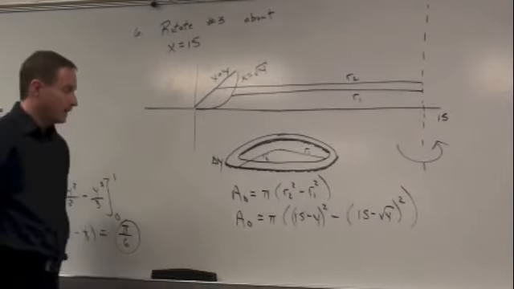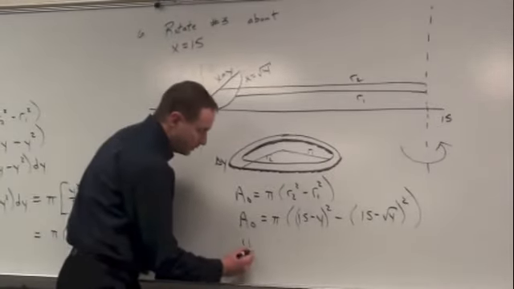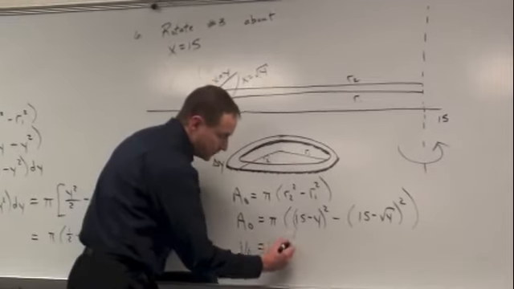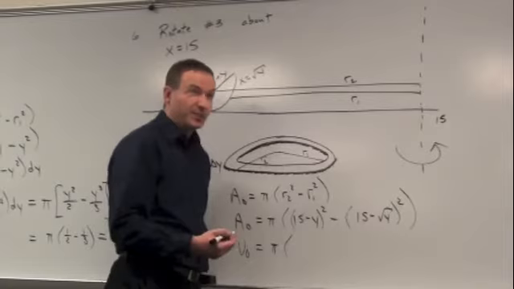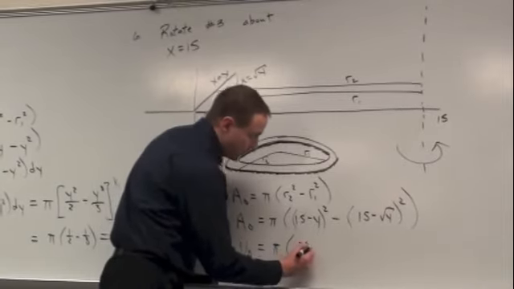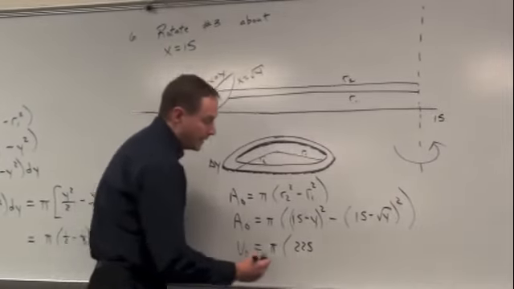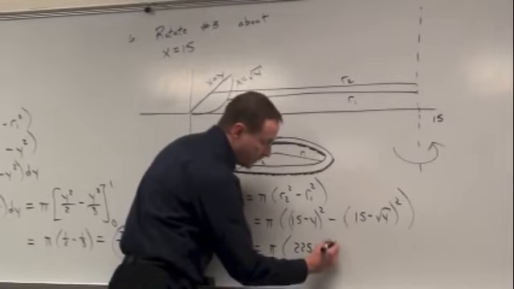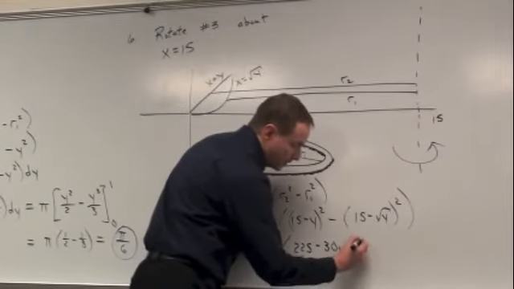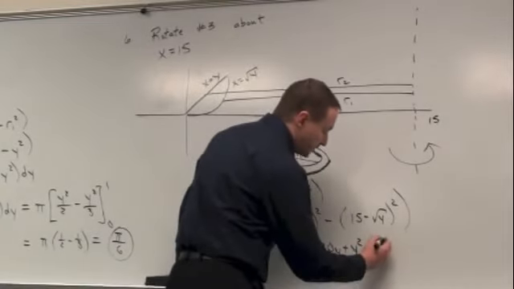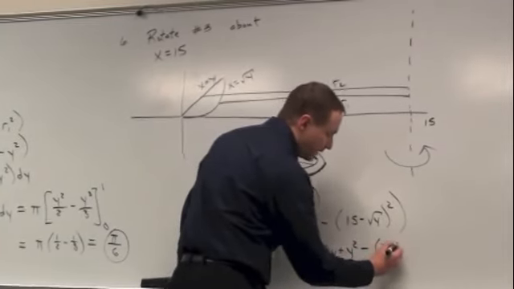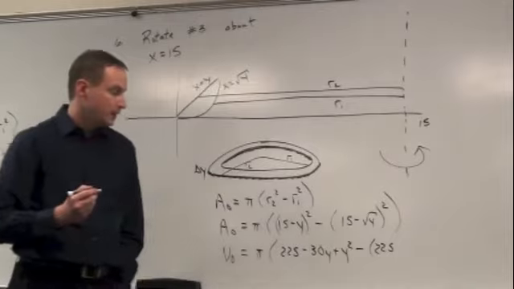And so I can say the volume of this region is going to be pi times the group. This first one's going to give me 15 squared, 225, minus 15 root y, minus 15 root y, that's minus 30 root y, plus y squared. And then I'll have minus the group 225, so that part's going to cancel.